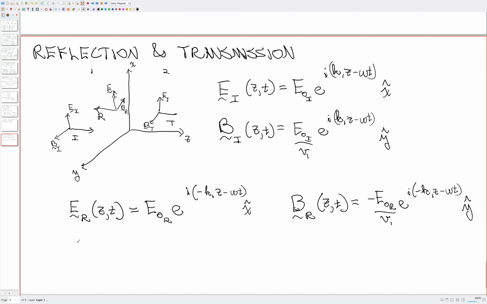And finally, the transmitted wave looks very much like the incident wave, with the only difference being that the coefficients, permittivity and permeability, are now those of medium 2. Okay, so sorry, this is not the incident, this is transmitted.